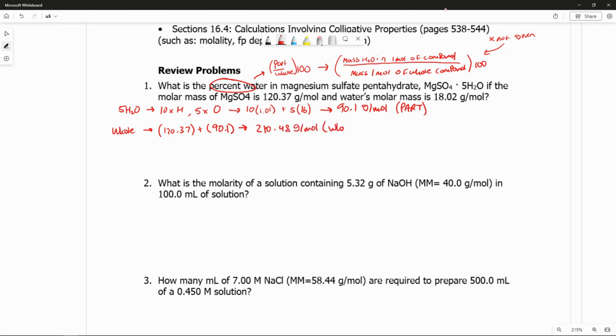Therefore, all we got to do now is take part over whole and multiply it by 100. So 90.1 over 210.48 times 100 will give you 42.8% H2O water. That is your final answer.